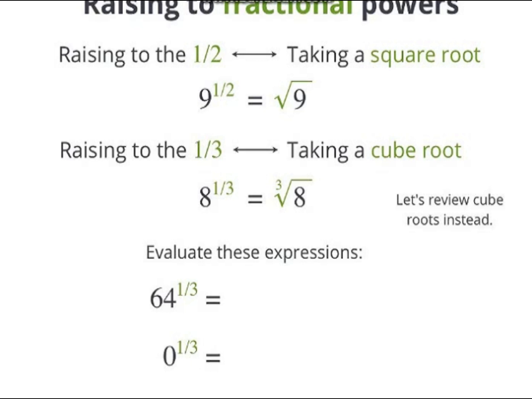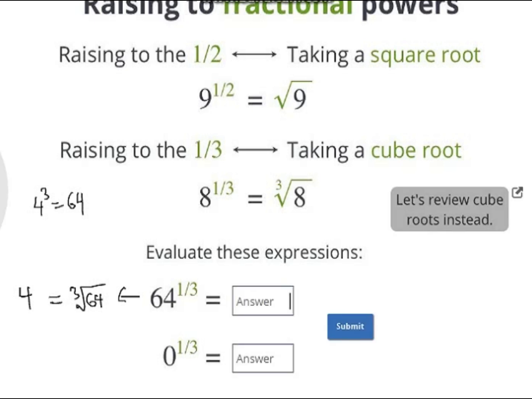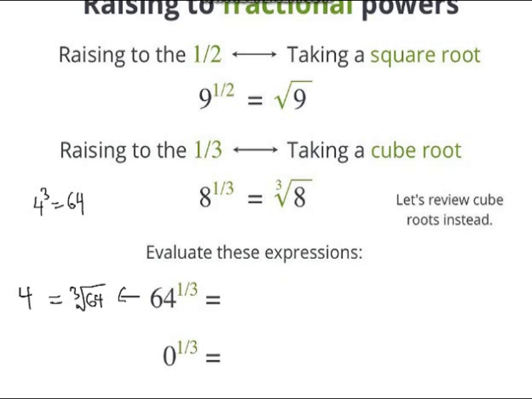64 to the 1/3 is the same thing as the cube root of 64. What's that? Well, 4 cubed is equal to 64, so the cube root of 64 is 4. Why don't you try to figure out the cube root of 0? 0 to the 1/3 is the cube root of 0. And that's just 0, because 0 times 0 times 0 is equal to 0.